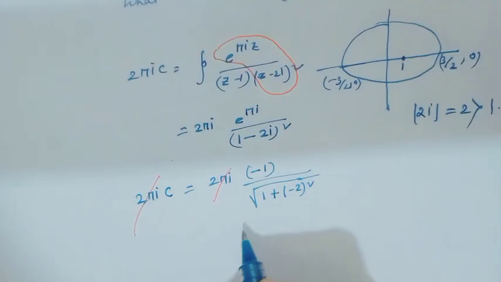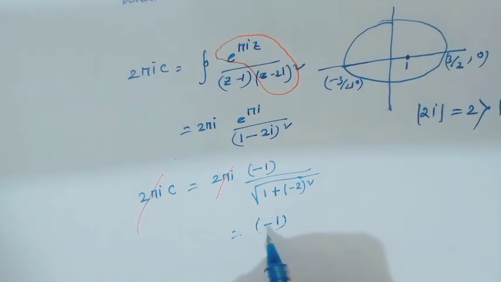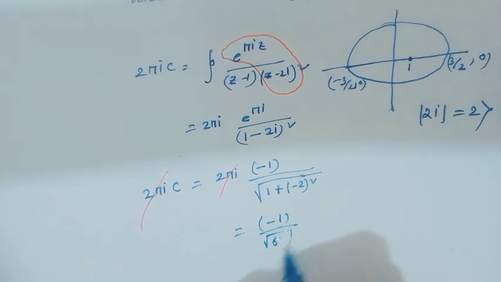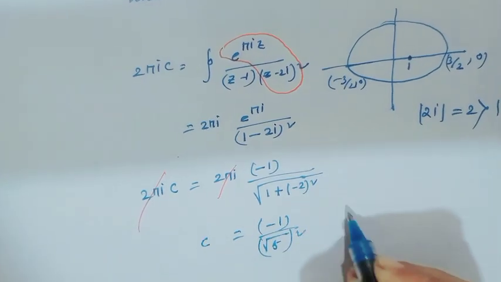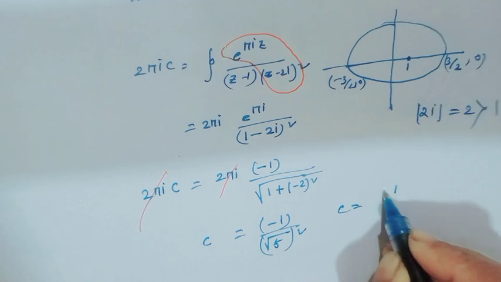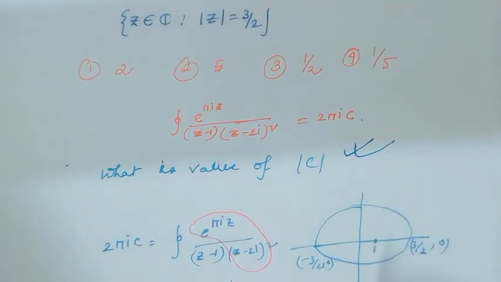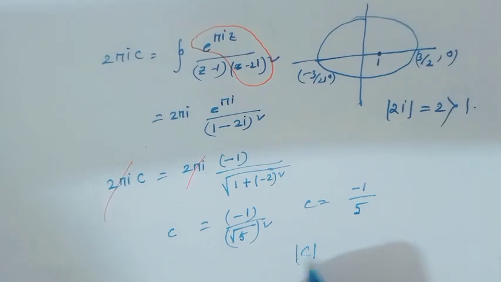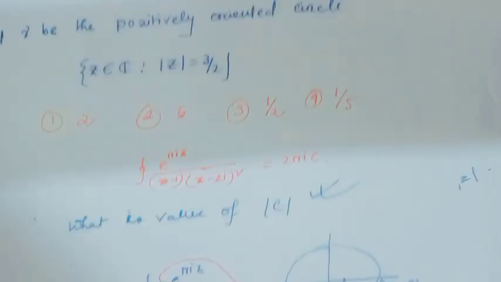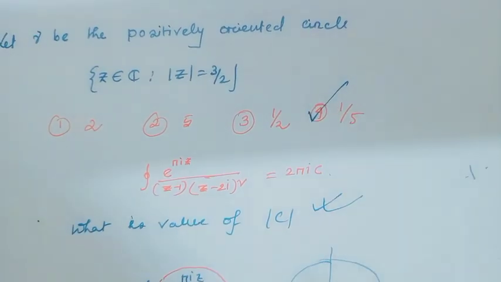That means minus 1 over (square root of 5) whole square equals C. That means C equals minus 1 over 5. And here we have to find mod C. Therefore mod C equals 1 over 5. That means the fourth option is the right option.